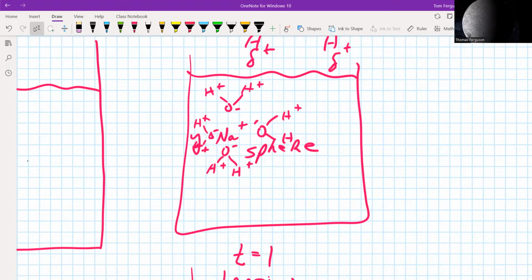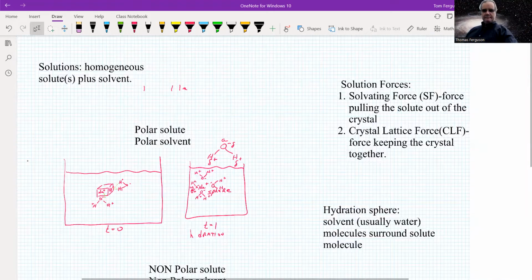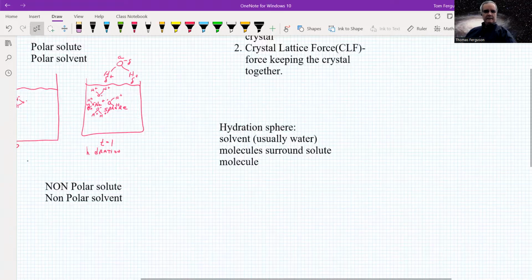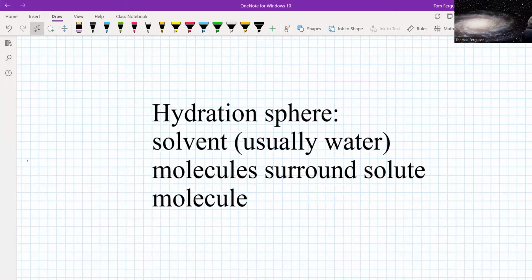And that's called a hydration sphere. There are primary, secondary, tertiary hydration spheres. Basically, it's the solvent, and usually we're talking about water. That's why it's called a hydration sphere. And the water molecules surround the solute molecule.